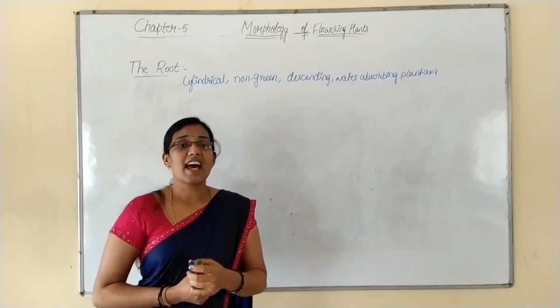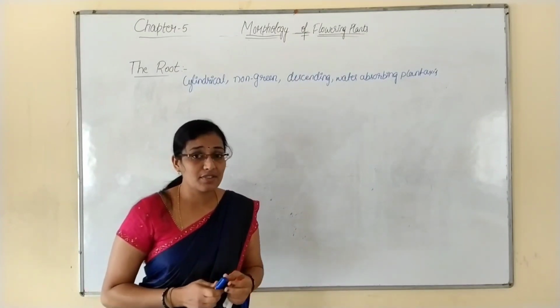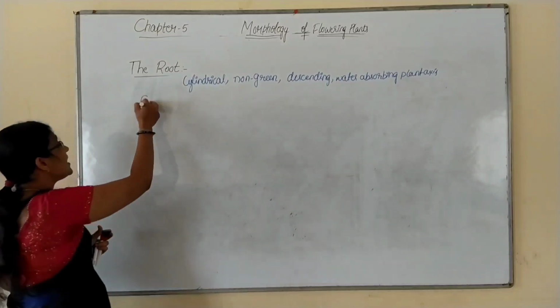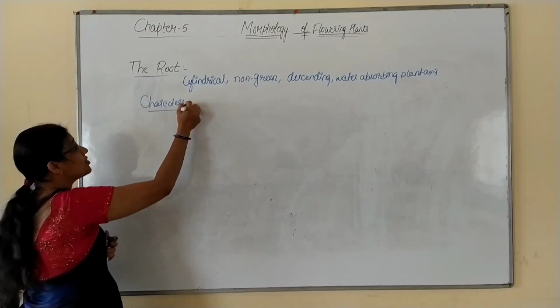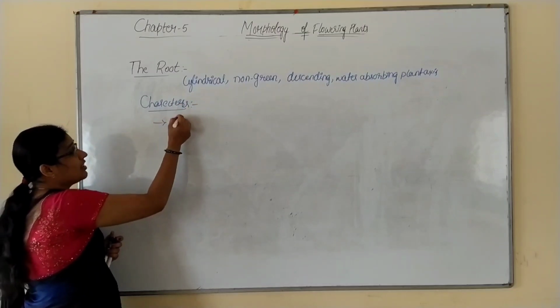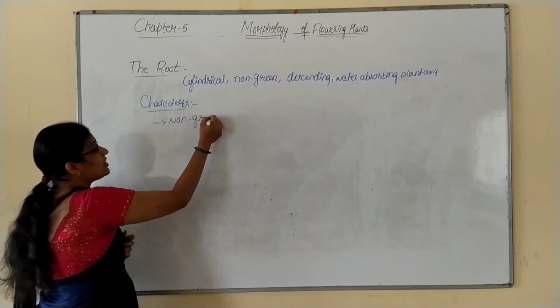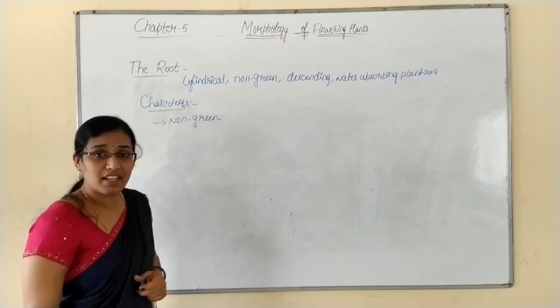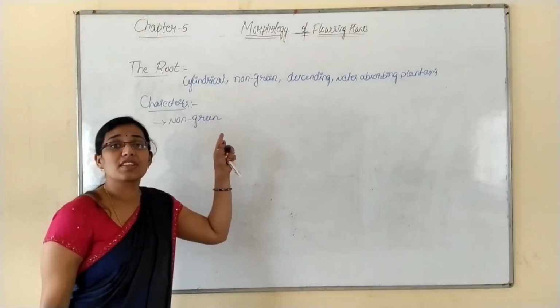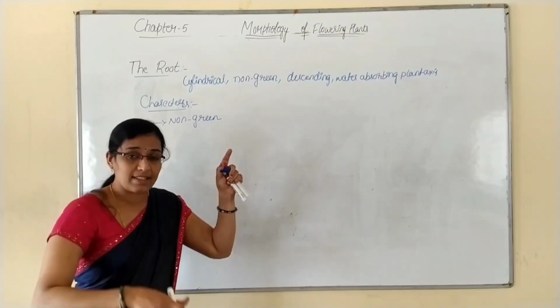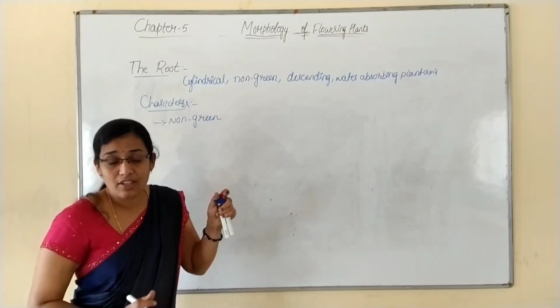But what are the characteristic features of these roots? When we look at the characters of these roots, they are non-green in color. Why? Because roots lack chlorophyll pigments as they are present under the ground.